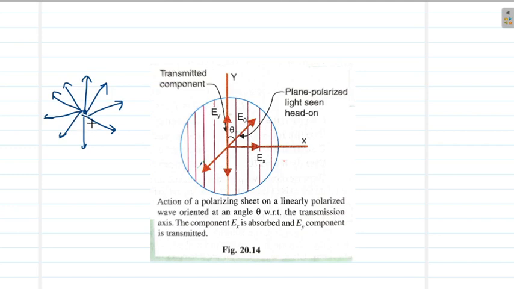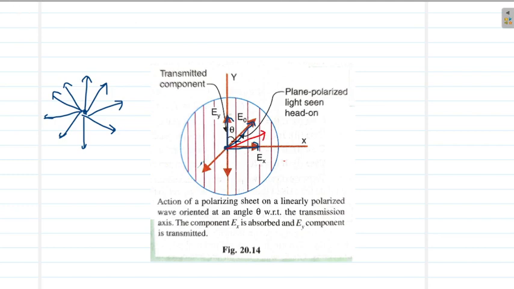So when an unpolarized light is passing through an analyzer or a polarizer, as we know, there are a lot of electric field components aligned along all theta directions in an unpolarized light. In that circumstance, each of the electric field components will be split up into a parallel component and a perpendicular component. There will also be another electric field.